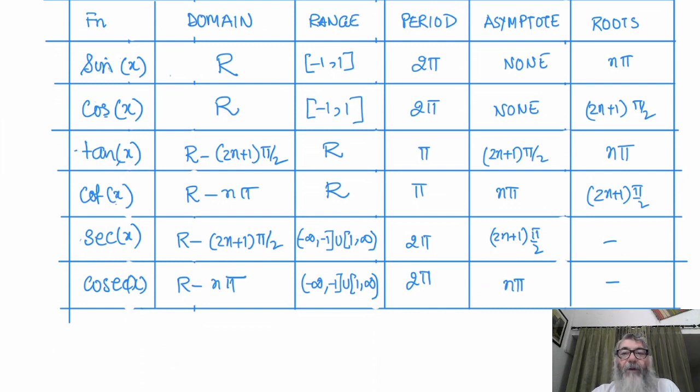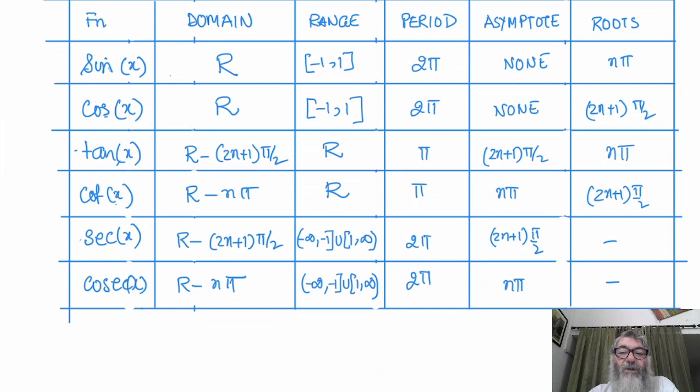You know that at pi, 2 pi, 3 pi, 4 pi, 5 pi, similarly minus pi, minus 2 pi, minus 3 pi, minus 4 pi, sine will be 0, whether it is sine pi, sine minus pi, sine 2 pi, sine minus 2 pi, sine 3 pi, sine minus 3 pi, all these values will be 0.